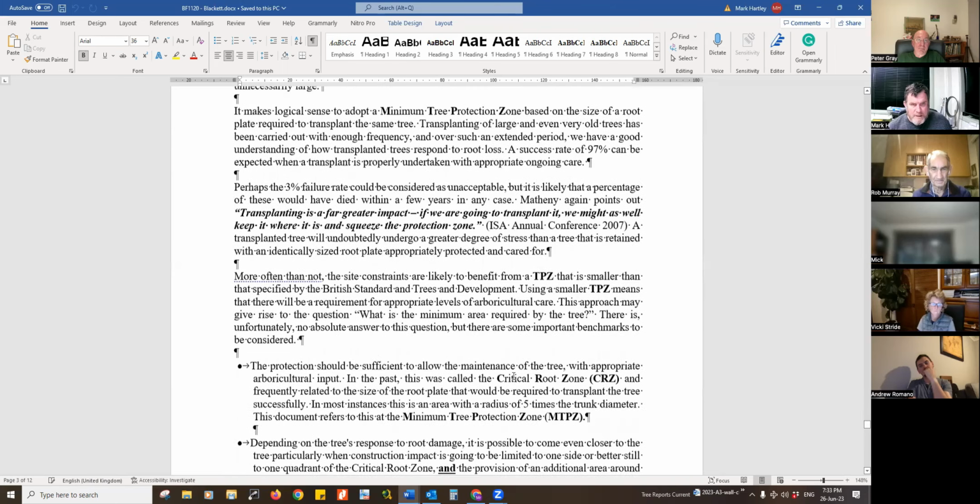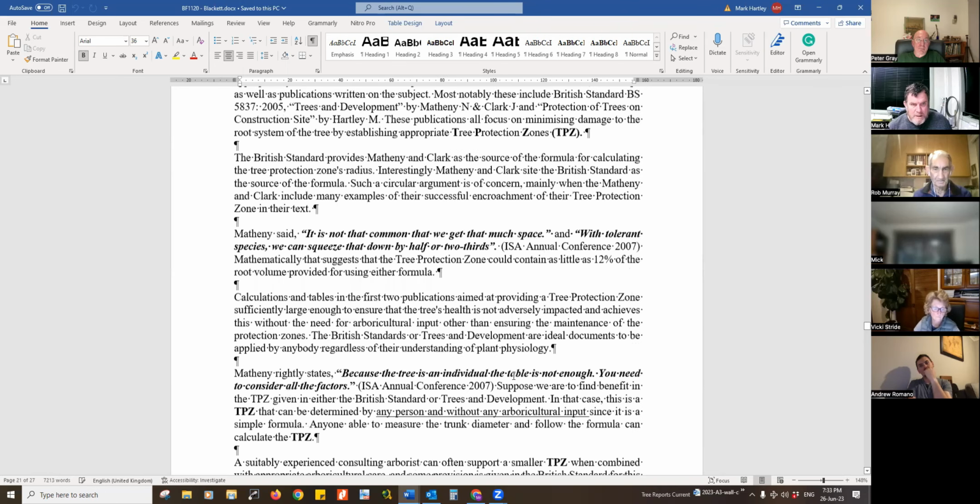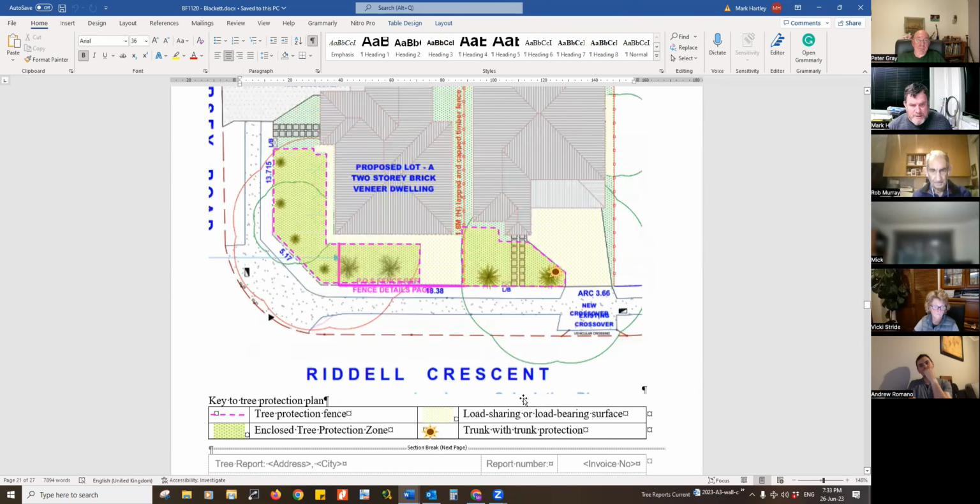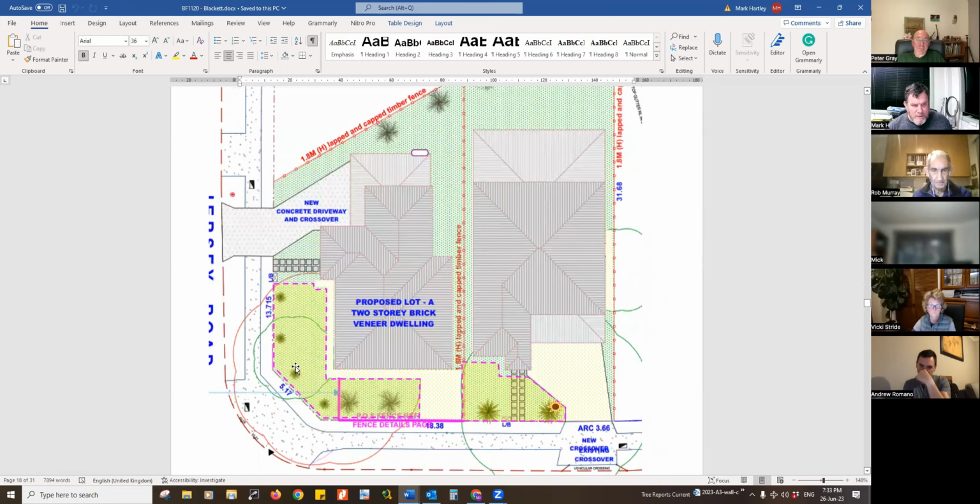Here's our 3 trees. One here, and I'm not sure where this one is, but I've got a feeling the trunk is about here. Council's approved it with the 3 trees staying.